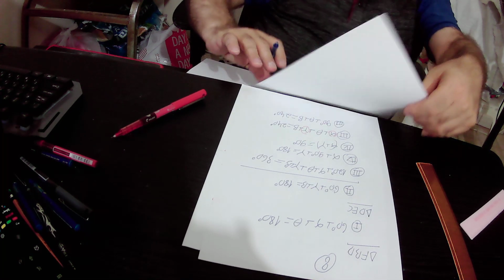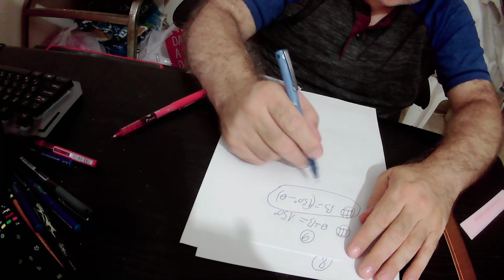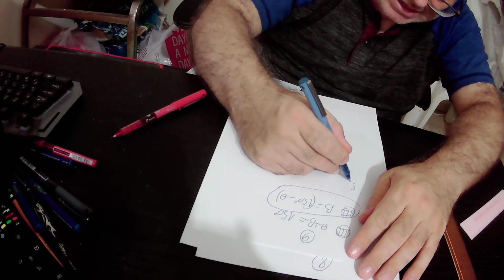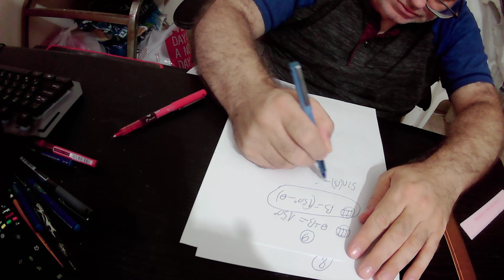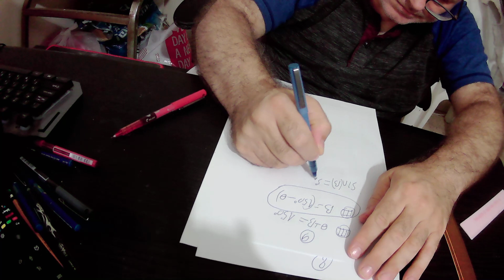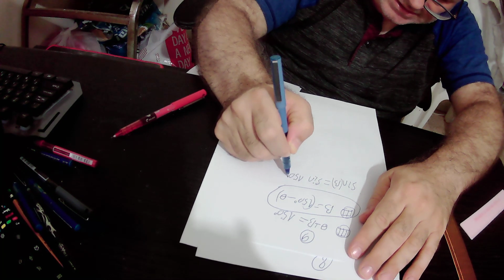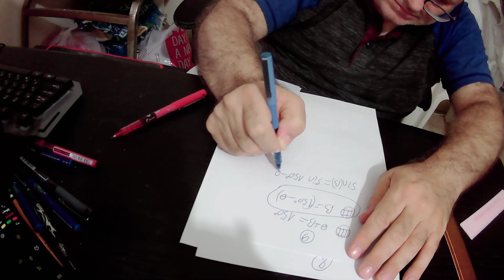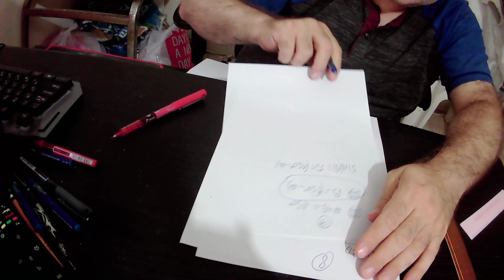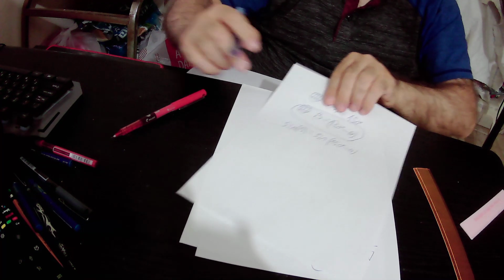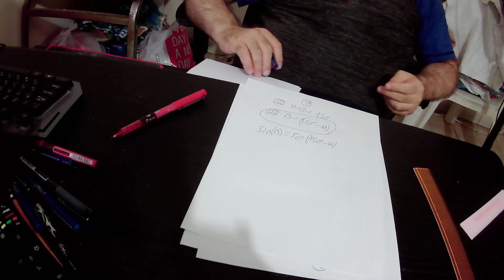Okay, so from this equality we can deduce that sinus beta equals sinus 150 degrees minus theta.